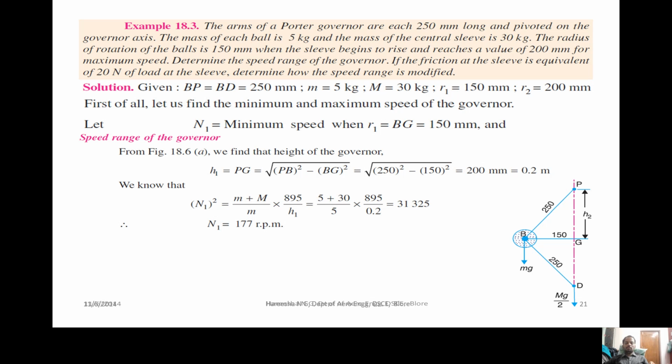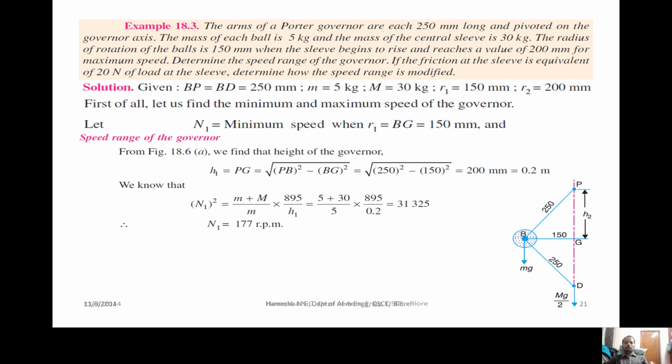In addition to the central load, there is friction at the sleeve. So we have to draw the same diagram for minimum speed and maximum speed, since we need the range of speed. So draw a diagram for that.